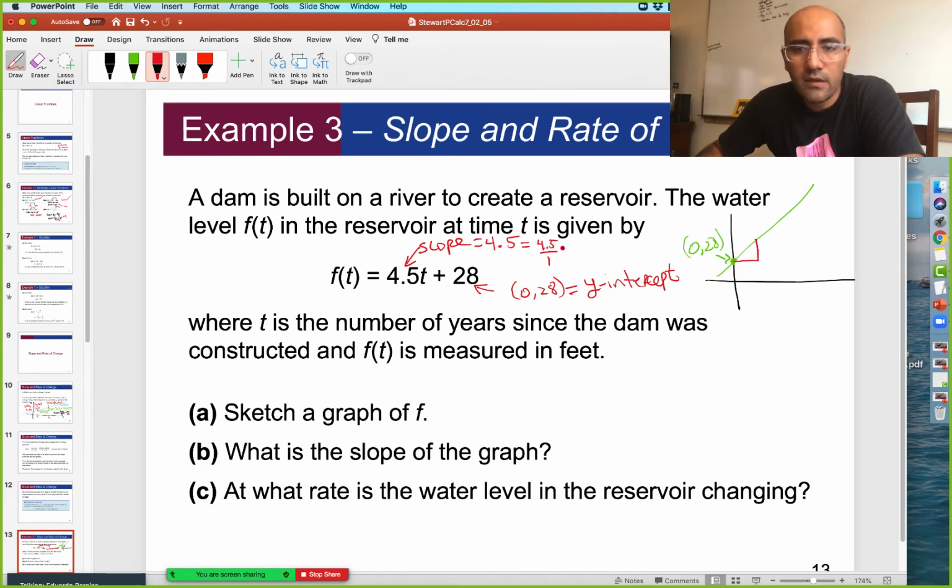Or if I want to get rid of that decimal, I can multiply the numerator and denominator by 2 and say that this is 9 divided by 2, just to get to some pretty whole numbers. That makes it easier to deal with. This is 2, and then that's a 9. Good. Which leads to another ordered pair that's definitely on the green line. Let's make it in green. Another point on there, which is going to be the point (2, 37).